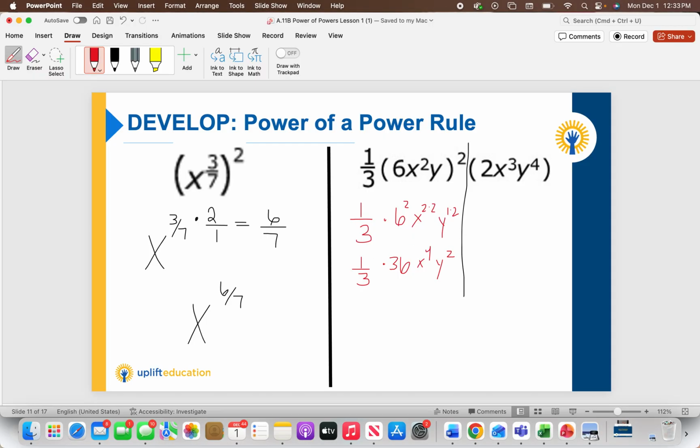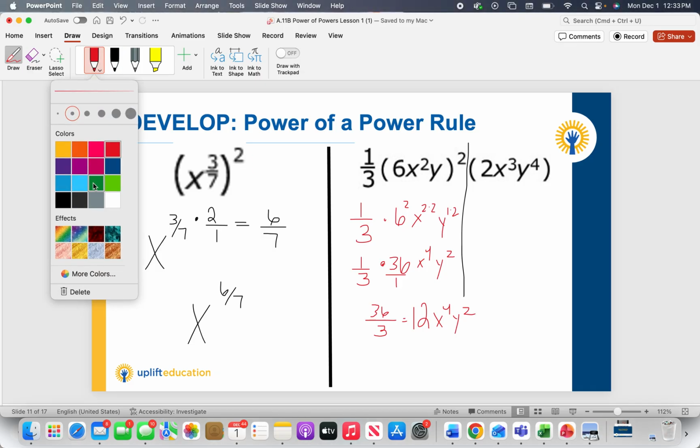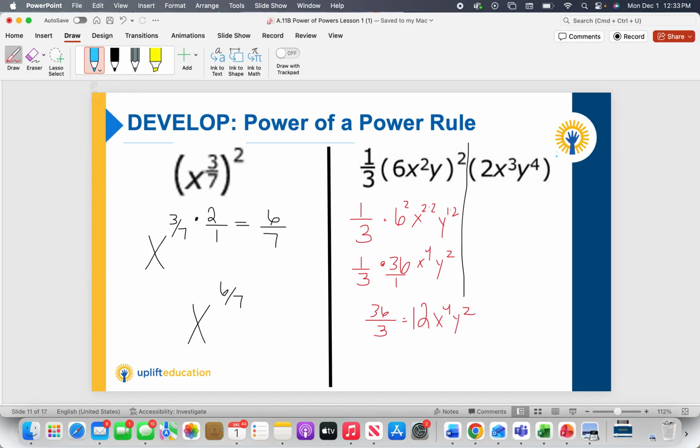We can even simplify this 1/3 times 36. So if I multiplied across, I got 36 divided by 3. That's going to give me my final answer of 12. So then I have 12, x to the 4th, y squared. Luckily, on the right side, because there's no number out here, it's an invisible 1, I can just rewrite.